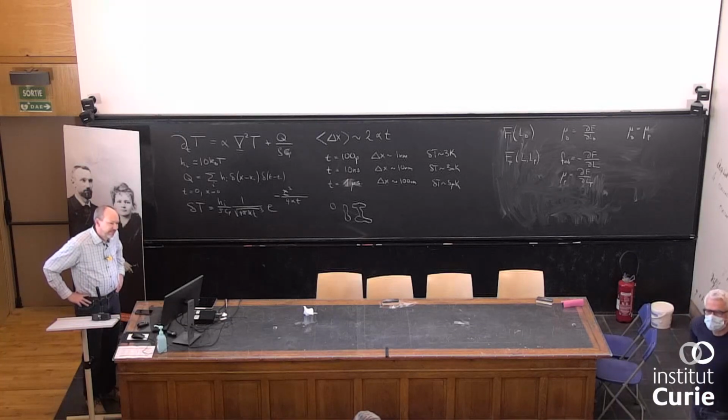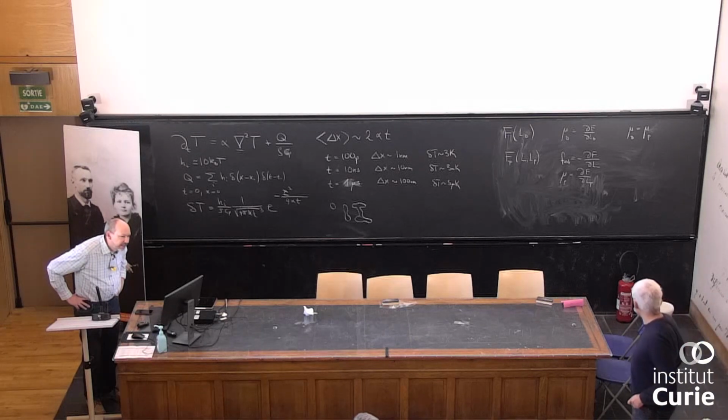It seems to me, I may be wrong, that you treat chemistry as a scalar phenomenon. I don't know where the transport comes from. Where does the transport come from in your system?